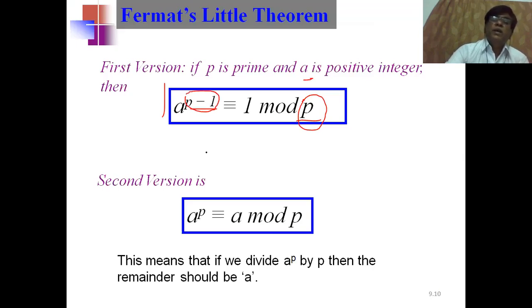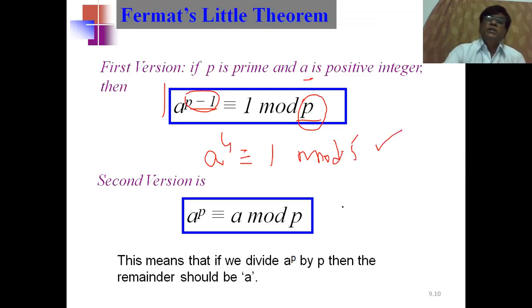For example, A power 4 is congruent to 1 mod 5. This is true. The A value can be any value. So what is the relation between these values? Here the prime number P is 5.